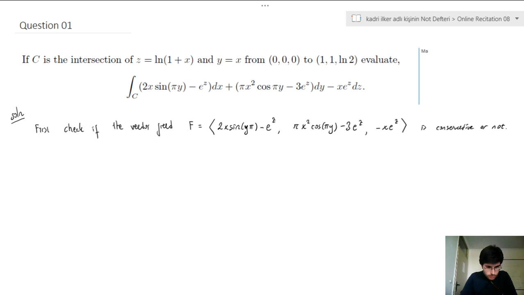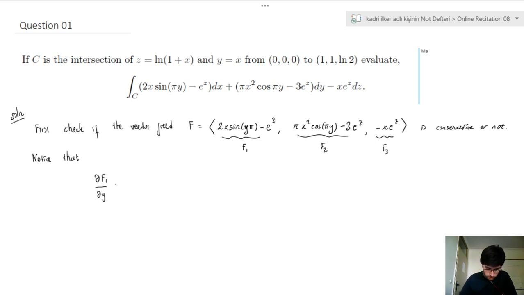Fine, let's try to check, with a quick observation. We check the necessary conditions. This part is f1, this part is f2, the second component, and this part is f3.